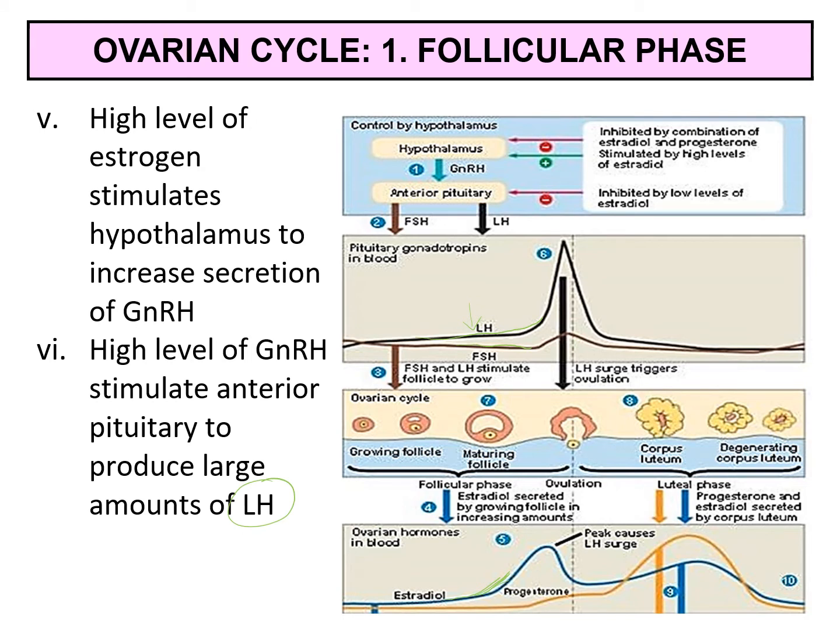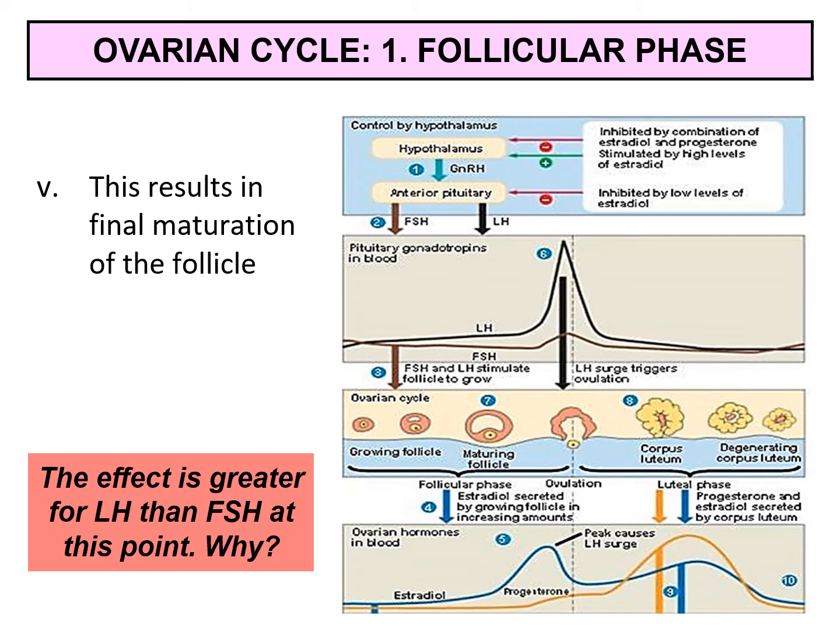So why does FSH decrease? Because we do not want any more follicles to develop. But we want the developing follicle to continue developing to produce the corpus luteum. To produce the corpus luteum, we need to release the secondary oocyte. So LH will aid in the release of the secondary oocyte. This will result in final maturation of the follicle.